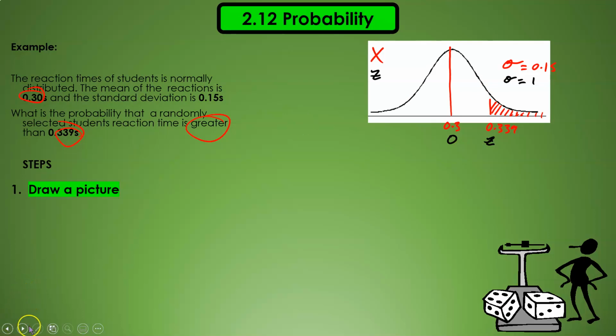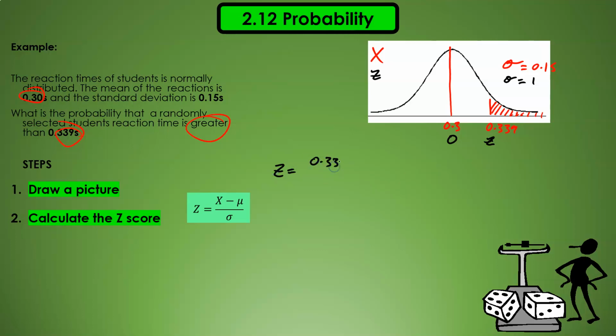So we can get our calculation up again. z is going to be equal to x, in this case 0.339, take away the mean, which is 0.3, over 0.15, which equals 0.039 over 0.15.